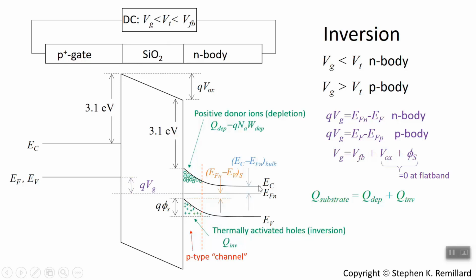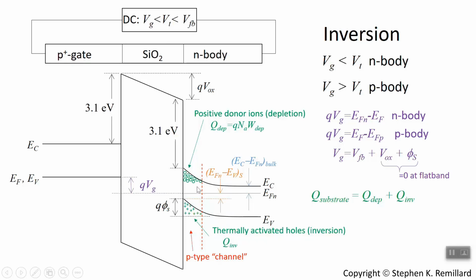Then go deep in the bulk and look at the difference between the conduction energy and the Fermi energy. When these two become equal, you have as many electrons in the conduction band deep in the bulk as you have holes at the surface.